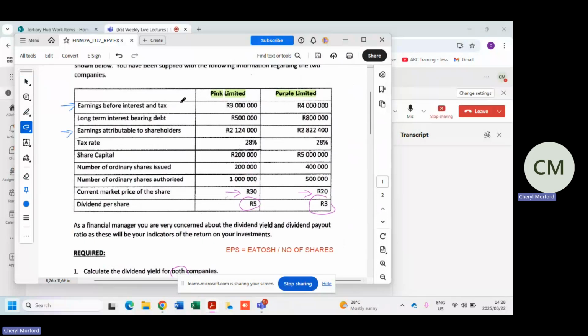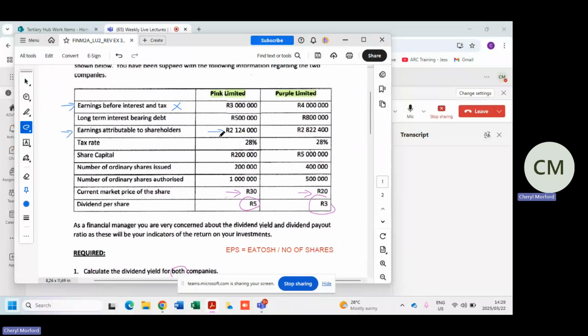It's not going to be the one before interest and tax, because a company is only allowed to start sharing profits with shareholders after all expenses have been paid. So that's why it needs to pay interest and tax first. What is left is earnings attributable to the shareholders. So that is the amount we'll use there. That's 2 million.